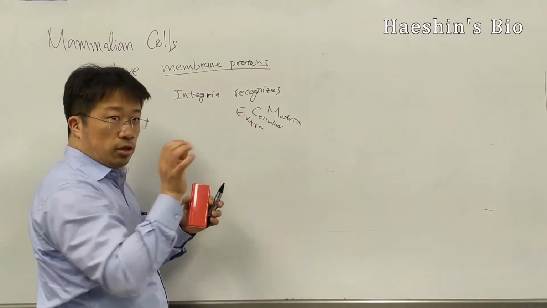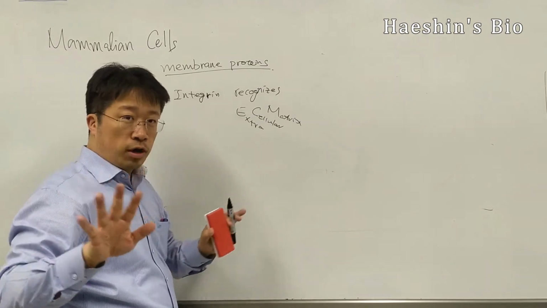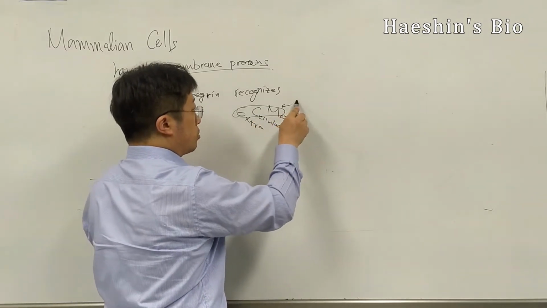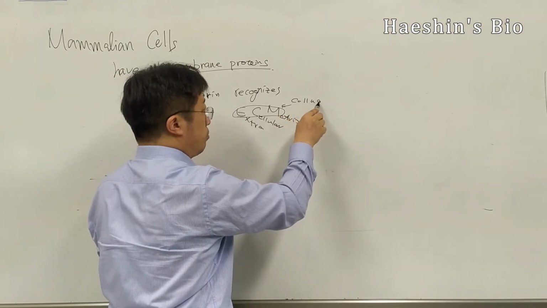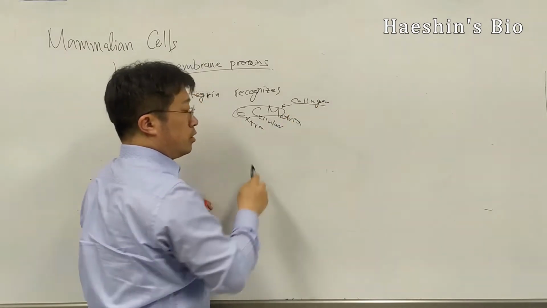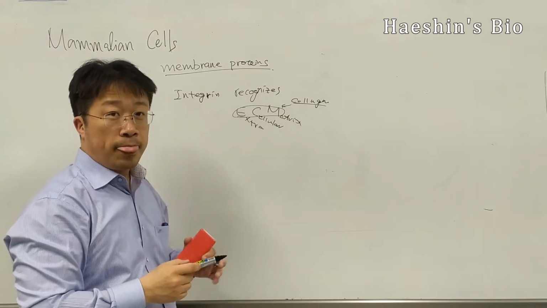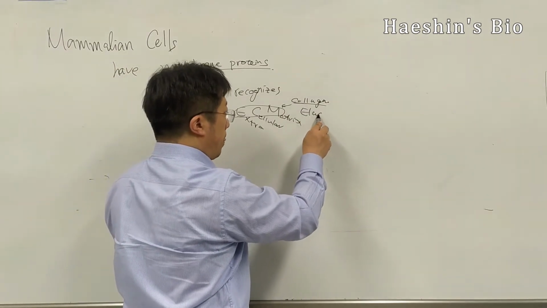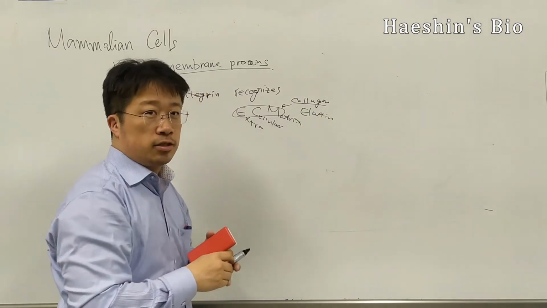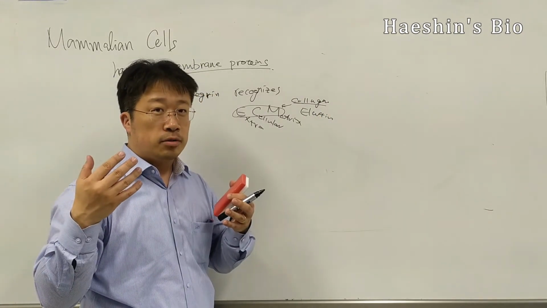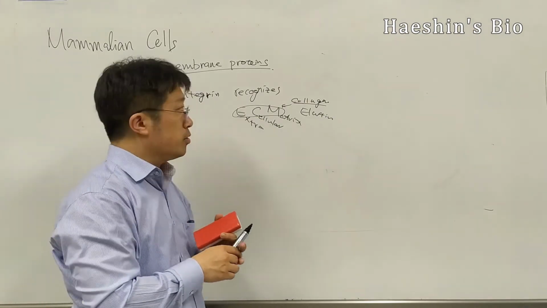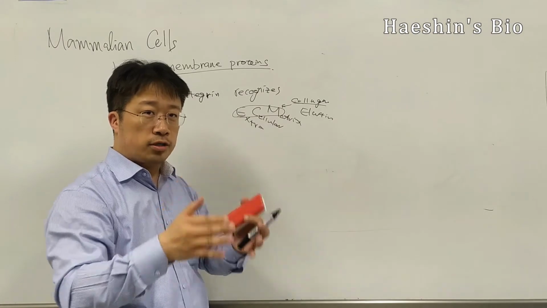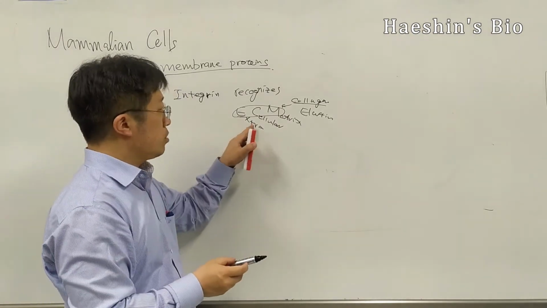So extracellular matrix is the protein that cells produce for their environment. One of the representative ECM proteins is collagen. Maybe elastin. Collagen and elastin are famous because they're related to cosmetic products. Collagen and elastin do not exist inside the cell, rather they exist outside the cell. That's why it's called extracellular matrix.